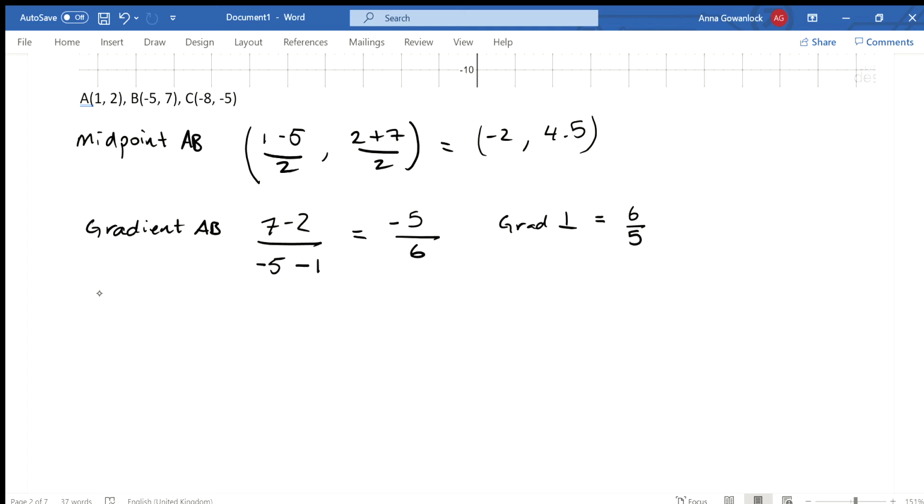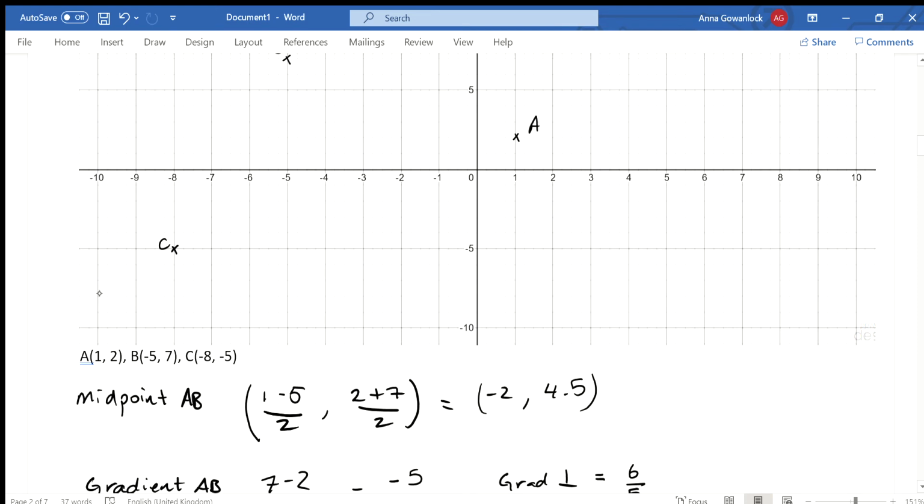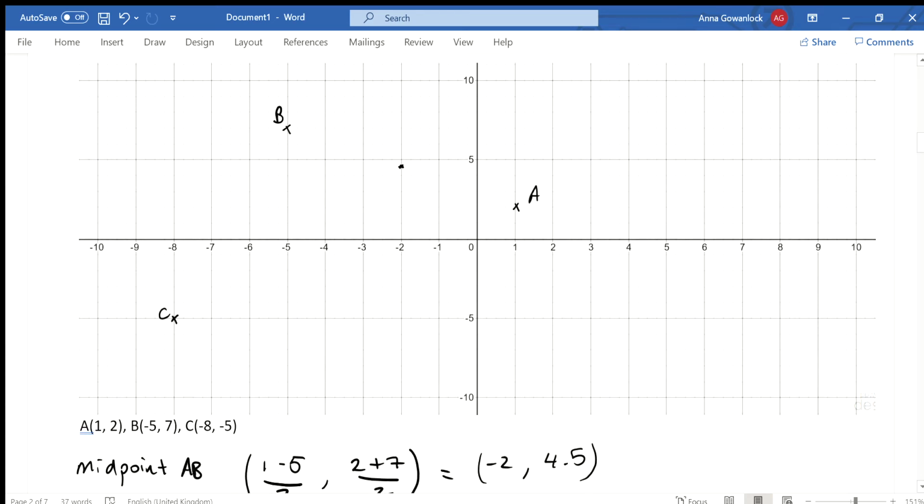+6/5. Now, to plot that, so I'm going -2, 4.5, -2, 4.5 is here, and the gradient is 6/5. So that means for every 5 I go along, I'm going to go up 6.